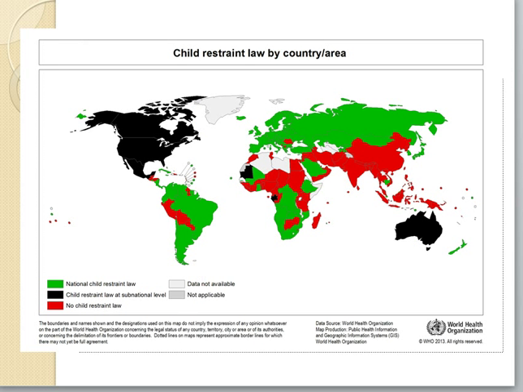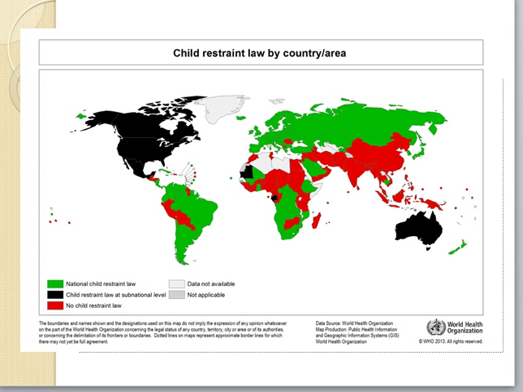So I found this map, which really has nothing to do with anything that we're doing right now, but I thought it was fascinating, looking at the world in terms of required seatbelts for children, or child restraints. The World Health Organization, if you Google this, they have an amazing number of very interesting maps.